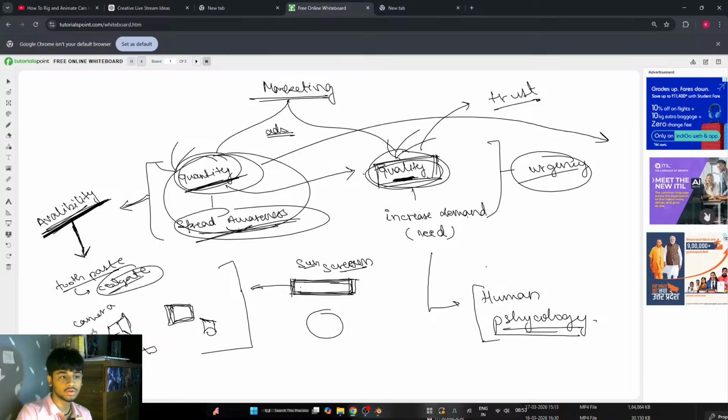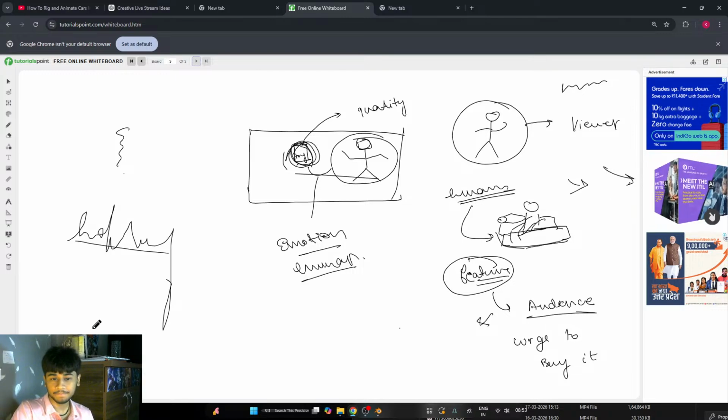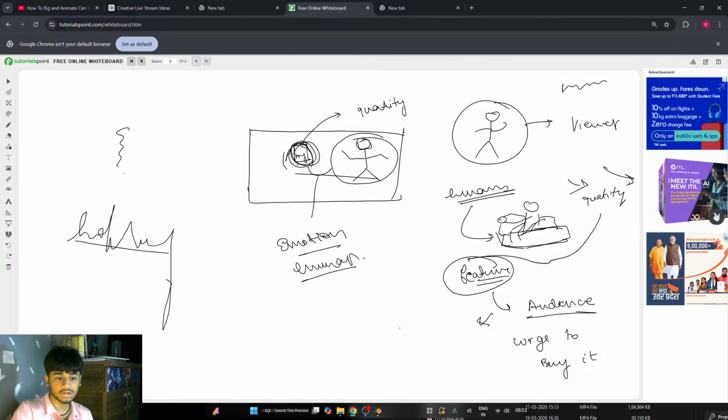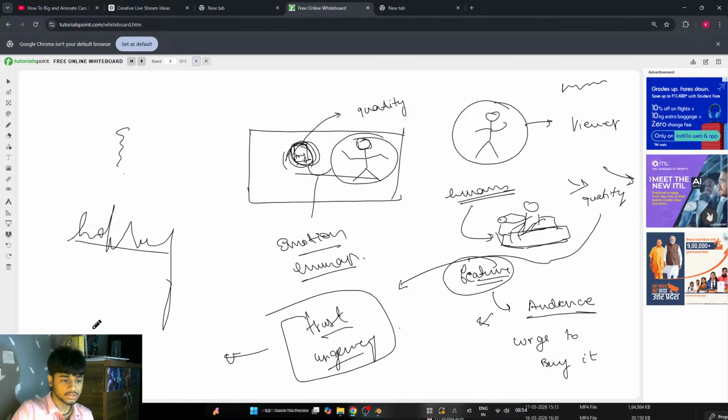We don't give any importance to it. But if this brand also targets an audience which is talking about AI, and instead of just quantity they are producing quality, which increases the trust and urgency I'm talking about, that is what I mean by quality.